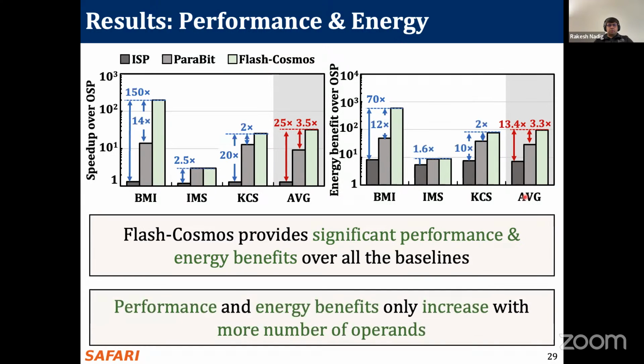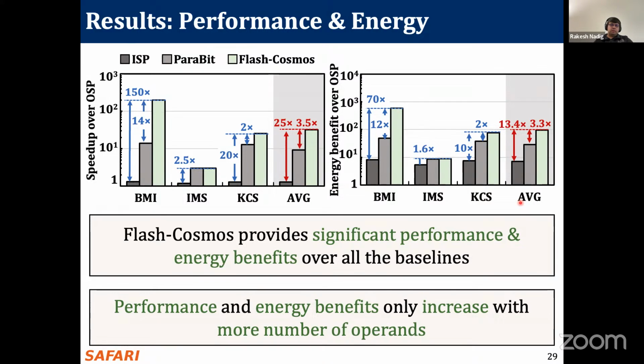Flash Cosmos provides significant performance and energy benefits over all the baselines. Compared to ISP, we see around 25 times improvement in performance and 13.5 times improvement in energy efficiency. Compared to the state of the art, we also observe significant benefits, and these benefits only improve with the increase in the number of operands.